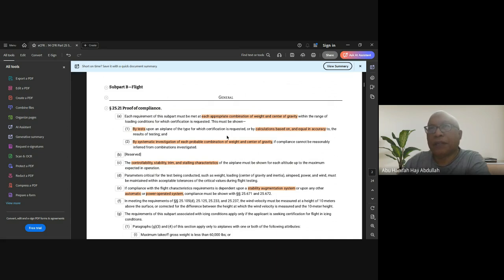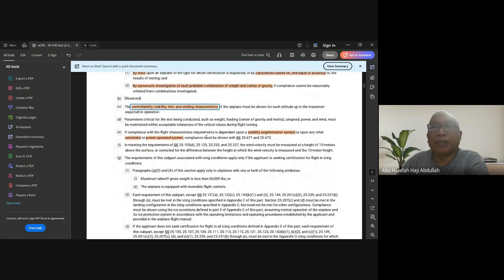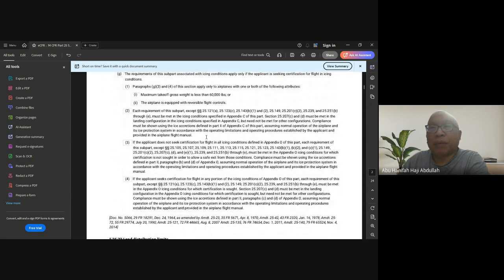Very difficult. The provision allows it, but it is very difficult for us to justify that it is equal in accuracy. Okay, that is proof of compliance 25.21. So that is something we need to remember.